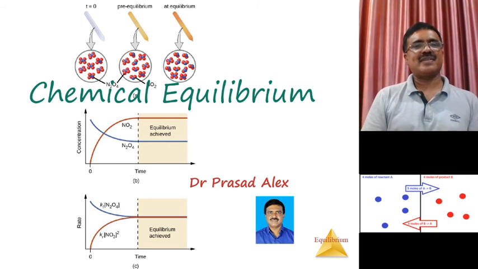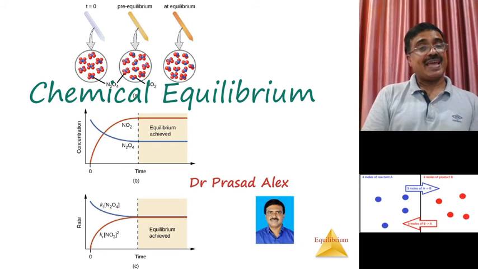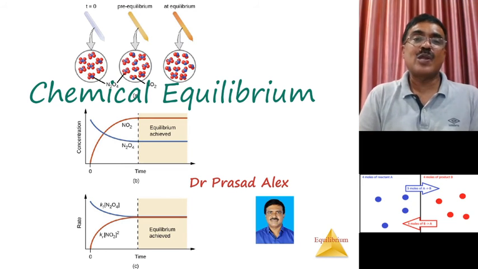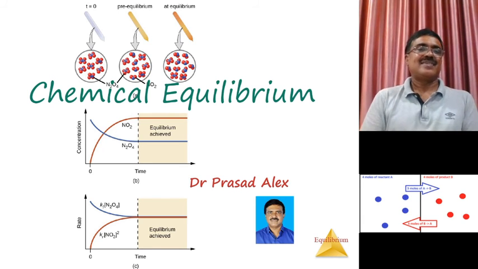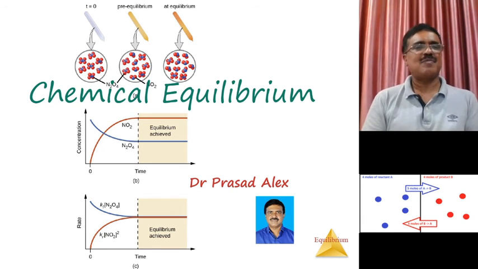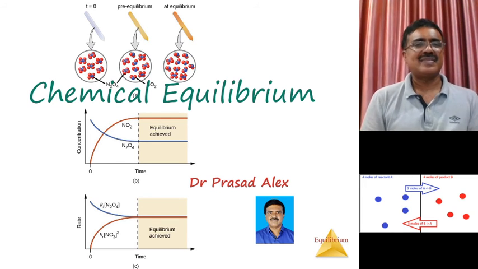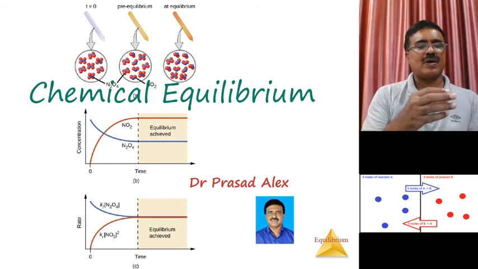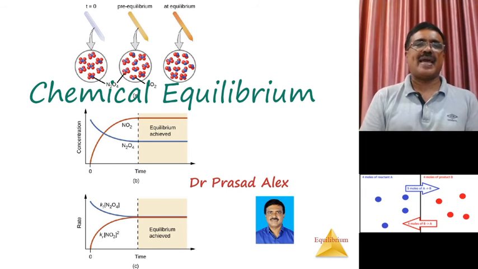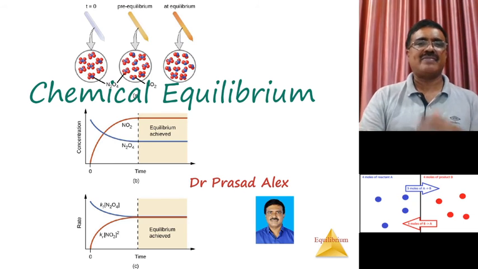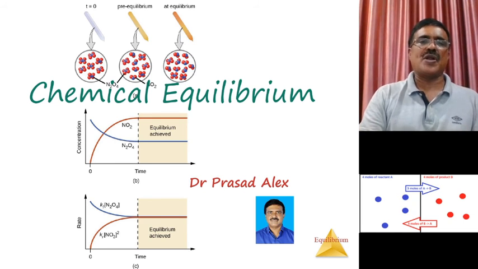Then we have the thermodynamic equilibrium constant, where we use the term activity. I haven't mentioned that in the slides, but you can simply memorize it. Instead of molar concentration, partial pressure or mole fraction, we put the activity. Then you get the thermodynamic equilibrium constant, which has no unit. Activity is considered a dimensionless quantity.